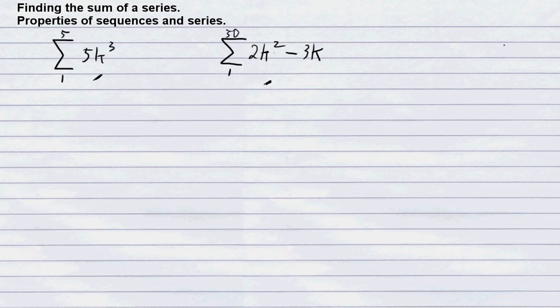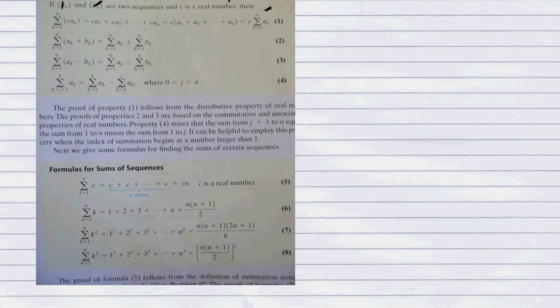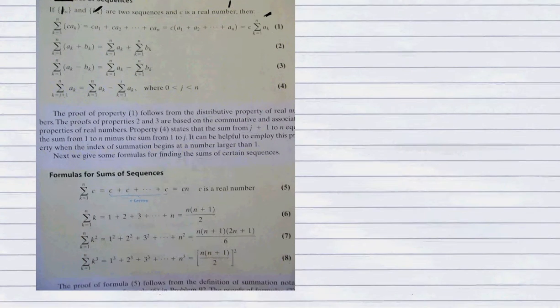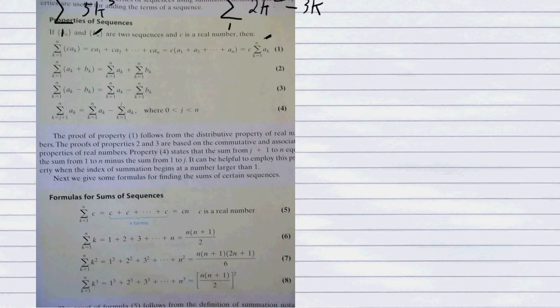Okay, so how we're going to do that is we're going to make use of some of the properties of sequences and series. Now let me scroll down a little bit here for a second, and what I'm talking about are these formulas here that we had from our book. Okay, and notice that I see this kind of overlapping our problems.